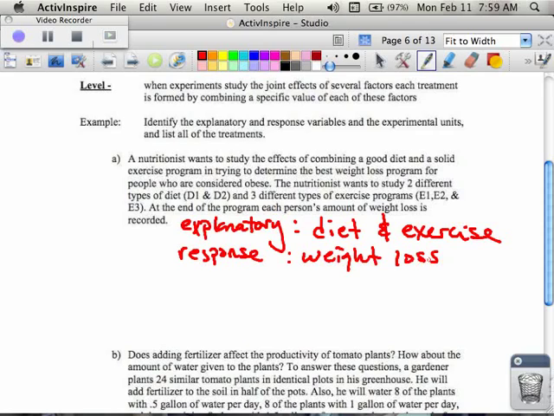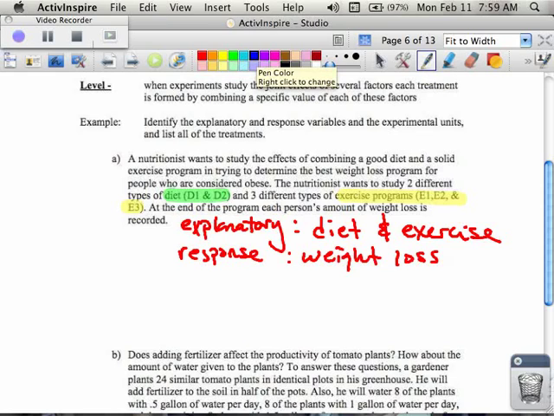And the treatments, if you look at how many different kinds of diets and exercise programs we're talking about, all you do is list all the different possible combinations of those two things.